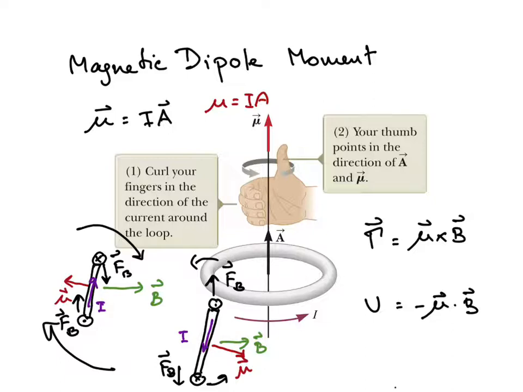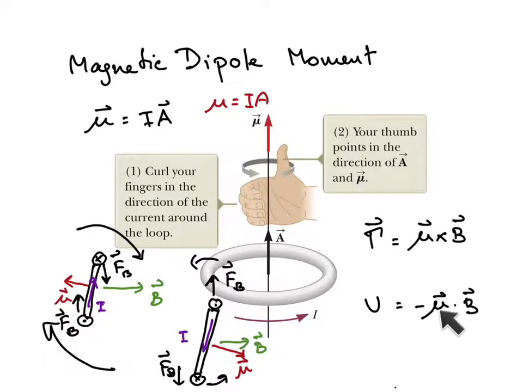You can see from these two examples that the magnetic force will try to rotate the magnetic dipole moment vector to align with the magnetic field. In this case, the loop will try to rotate clockwise like this, but in this case, the magnetic force or the torque will try to rotate anti-clockwise like this to make mu point in the same direction as B. So when mu points in the same direction as B, the potential energy is lowest.